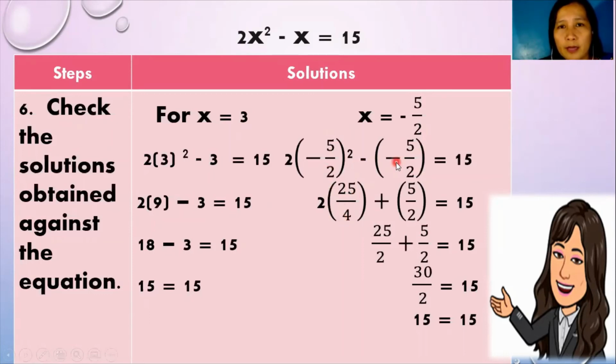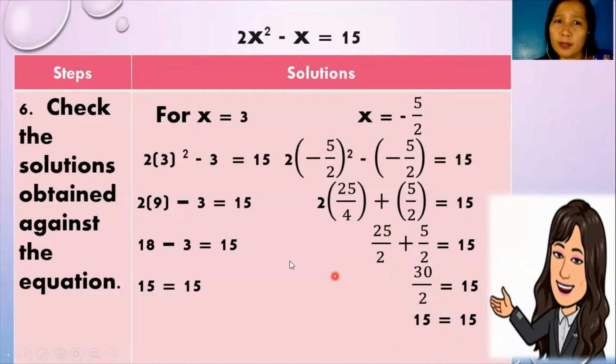Then negative times negative is positive 5 over 2. Then 2 times 25 is 50. 50 over 4, in simplest form, is 25 over 2. Plus 5 over 2 is equal to 15. Then add, because the denominators are the same. 25 plus 5 is 30. Then copy the denominator, 2. 30 over 2 is 15, equals 15.